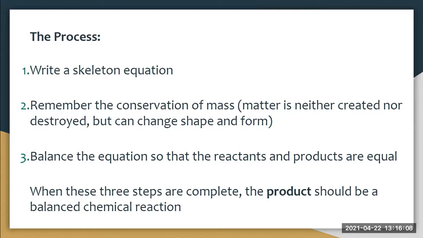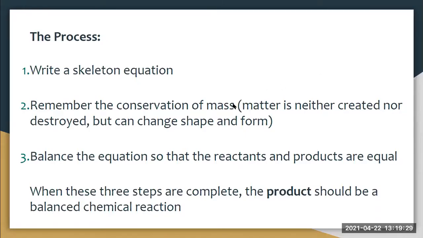So by knowing that things rearrange themselves, but you always have to have the same number of things on both sides, you're going to balance the products and reactants so that the reactants equal the products. And when these steps are complete, and remember, this is a really big overview of a detailed process that we're going to be going through, then you will have a balanced reaction.